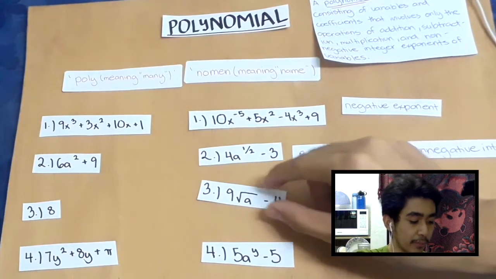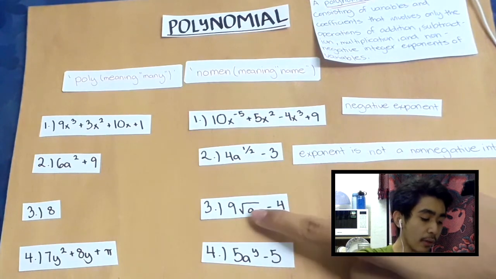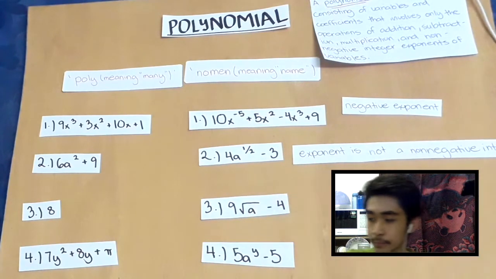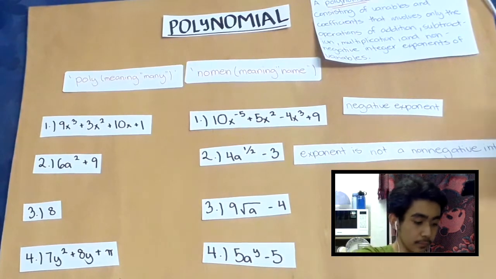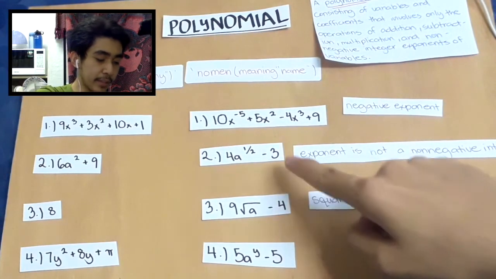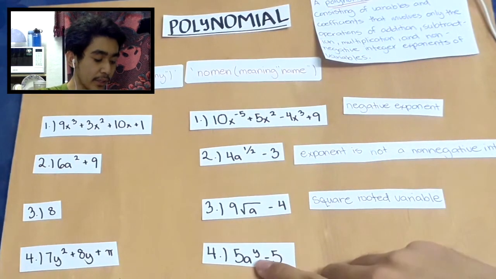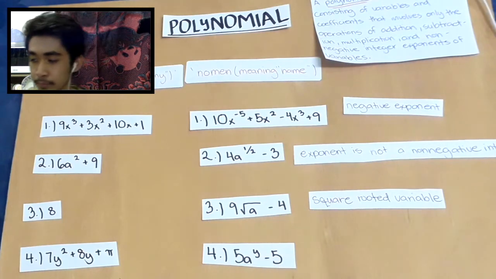Together with this example, it is no longer a polynomial because a variable has been square rooted. If you convert this, it would end up being like this. Finally, this expression is not a polynomial because it has a variable as an exponent.